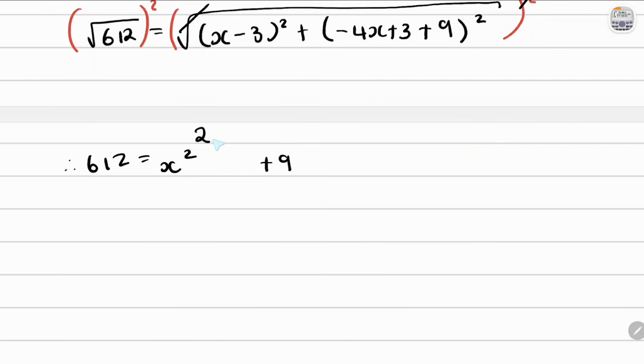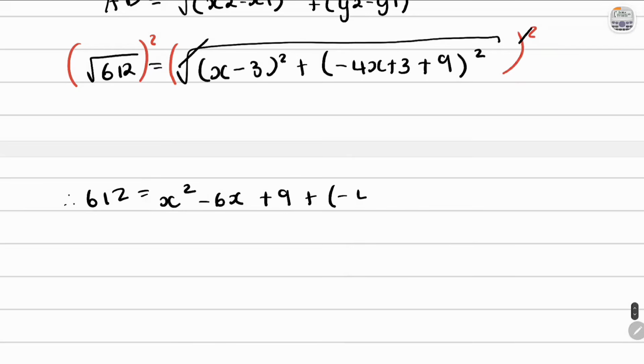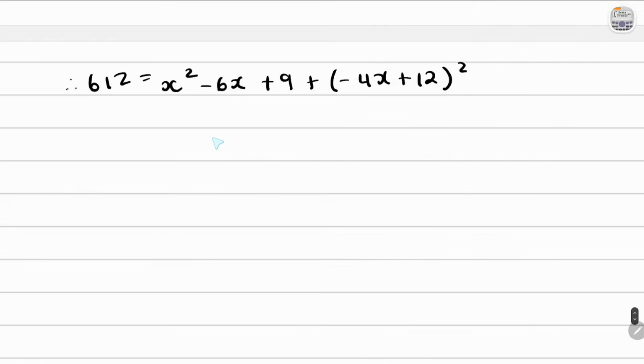Then double the first term, which is x, multiplied by the second term, which is -3. x times -3 is -3x, times 2 is -6x. And then here, that just needs to be simplified. So plus -4x, 3 plus 9 is 12, so plus 12 all squared. And then we'll also distribute that.